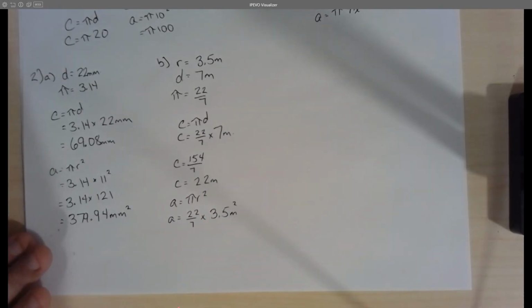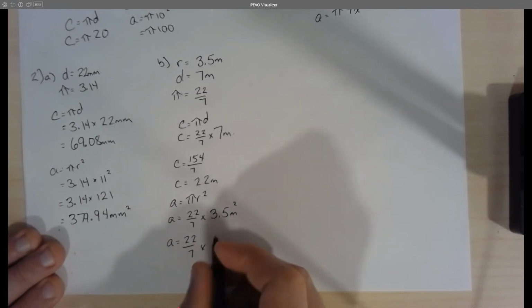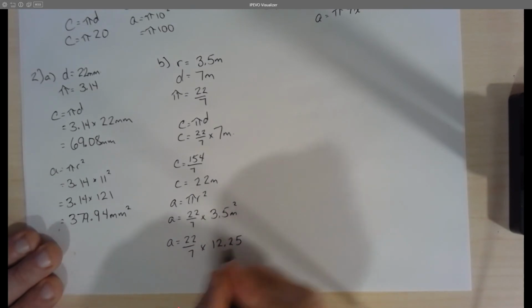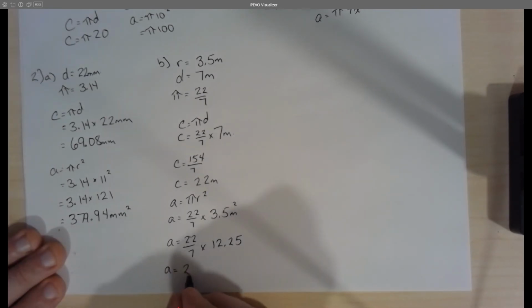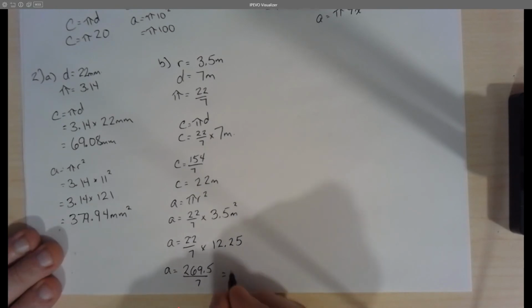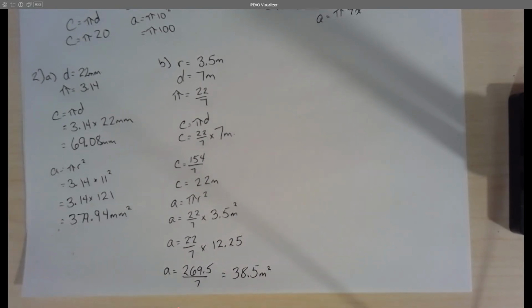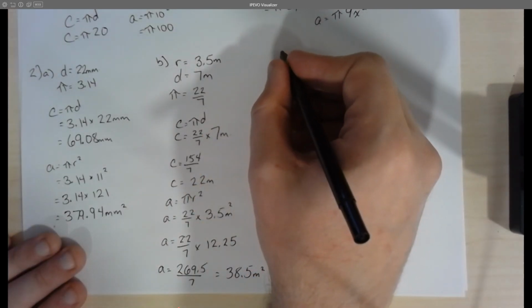First of all, 3.5 squared is going to be 12.25. 22 times 12.25 is going to be 269.5 over 7, which when we divide those out, we get an answer of 38.5 meters squared. So that one was a lot trickier, dealing with the fraction side of things.